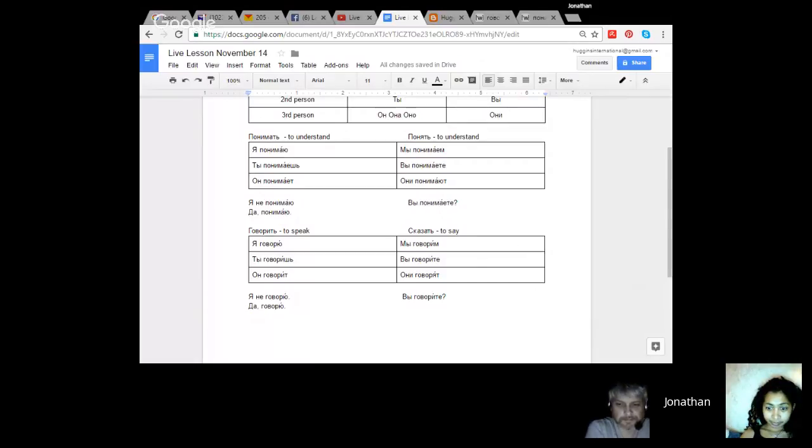So you place more importance on this distinction between imperfective and perfective verbs. These imperfective verbs, panimat, gavarit, just exist in the present, and verbs like skazat or panyat cannot exist in the present. They can only exist in the future or the past.